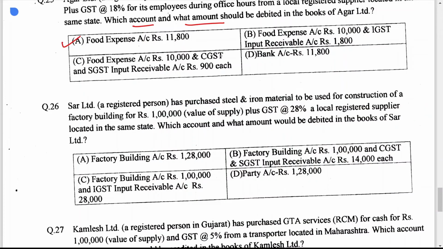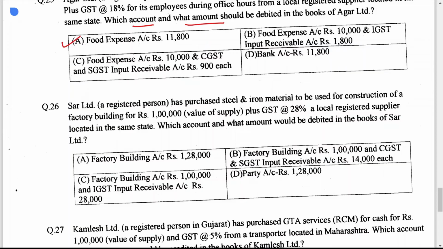Now next one, Sir Limited. Sir Limited, a registered person, has purchased steel and iron material to be used for construction of a factory building for rupees 1 lakh value of supply plus GST at 28% from a local registered supplier located in the same state. Which account and what amount would be debited in the books of Sir Limited?